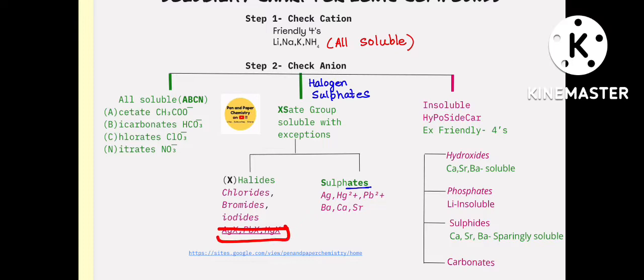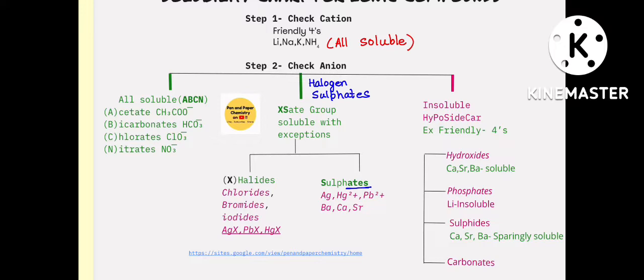By the way, this solubility is all about aqueous solutions, right? So these are insoluble. Which three halides? We have over here Ag, Pb, Hg. Ag, Pb, Hg halides are insoluble. Amongst the sulfates, again Ag, Pb, Hg, they are the same. Apart from that, barium, calcium and strontium sulfates are also insoluble.